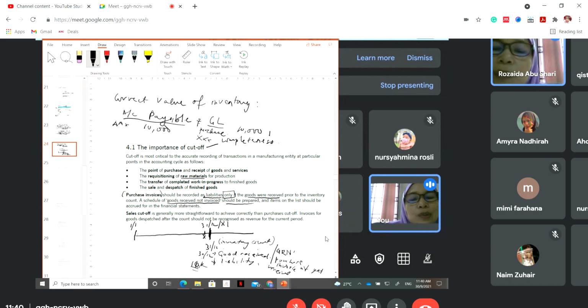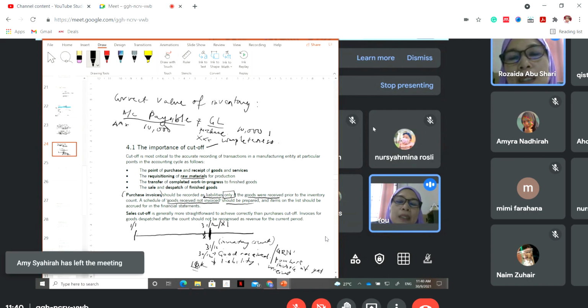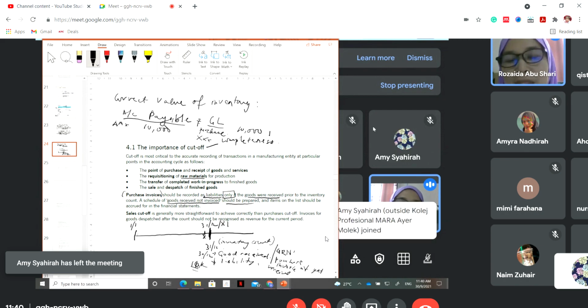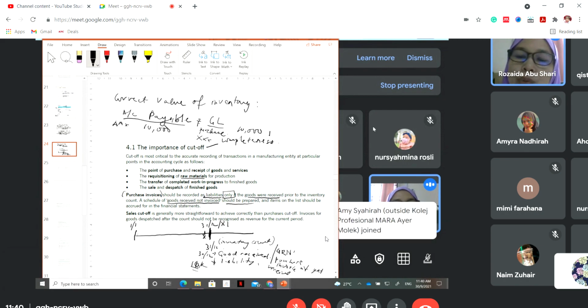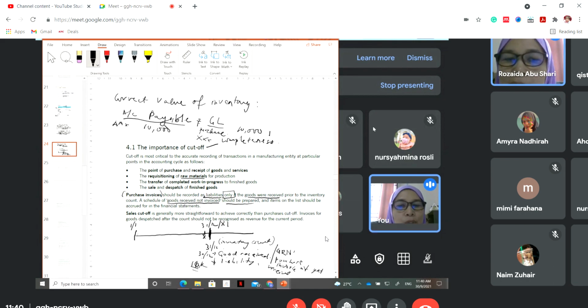They try to manipulate sales and purchase because they want to highlight certain information and maybe they want to reduce their net profit, to avoid the tax and so on. So that's a lot of things in the mind of the board of directors.